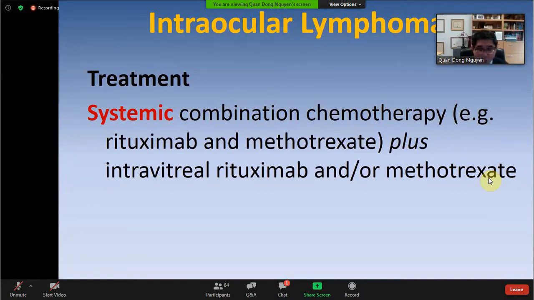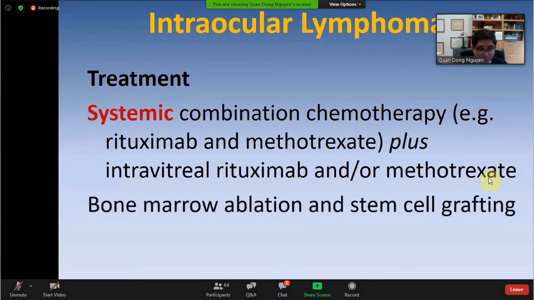So what we can also consider would be bone marrow ablation as well as the stem cell graft. So stem cell treatment has been in there as well. Stem cells are usually reserved for cases that fail other treatments, but definitely they can be considered even as a primary treatment, depending on extension. The reason we know about this is not that we need to perform them, because it's outside our field, but one needs to know this if you manage patients so that you can communicate intelligently with the oncologist.